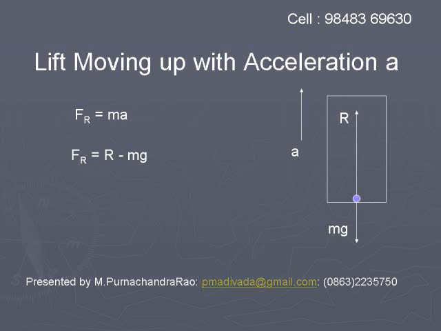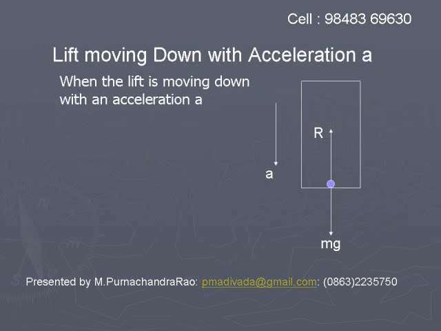If the platform is coming down with an acceleration a, then the relation Fr is equal to ma can be written as mg minus R is equal to ma. Like this, we can apply the formula F is equal to ma.